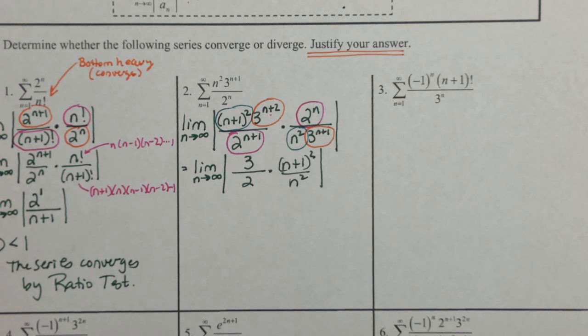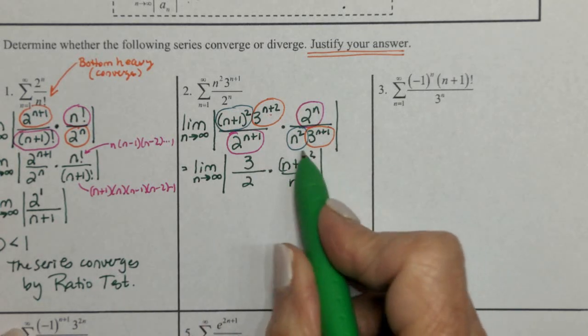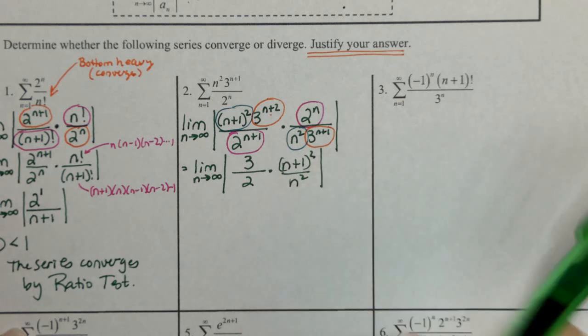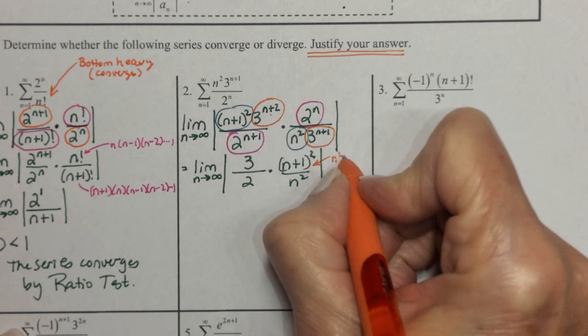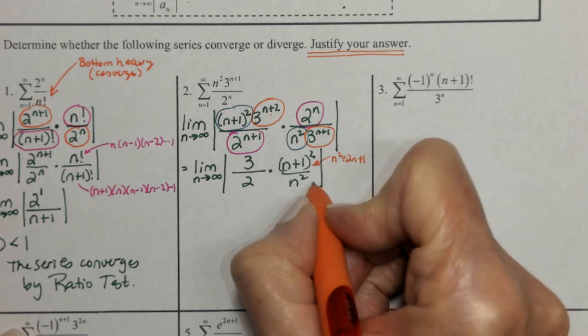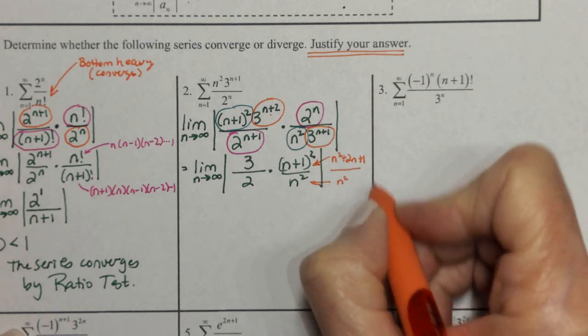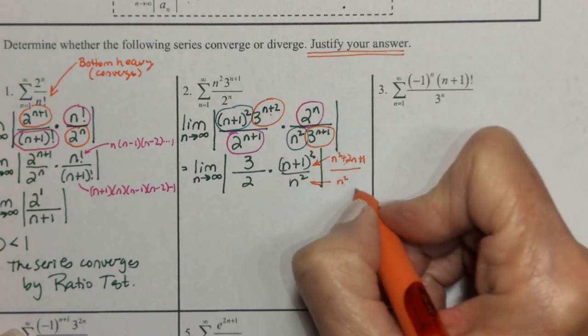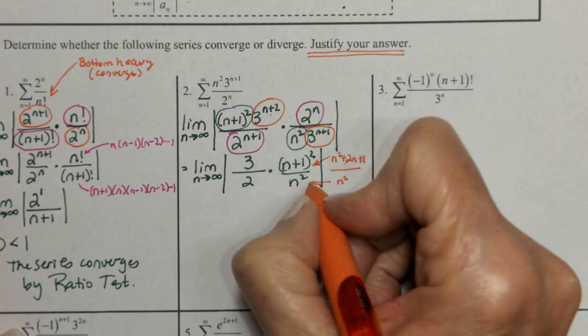Now we're going to allow n to go to infinity. As n goes to infinity, I know I have this 3/2. What happens to this thing as n goes to infinity? Well, keep in mind, if we were to expand that thing, it would be n squared plus 2n plus 1. And this is just n squared. And as n goes to infinity, the 2n and the 1 don't matter, and you're left with n squared over n squared, which is 1, goes to 1.